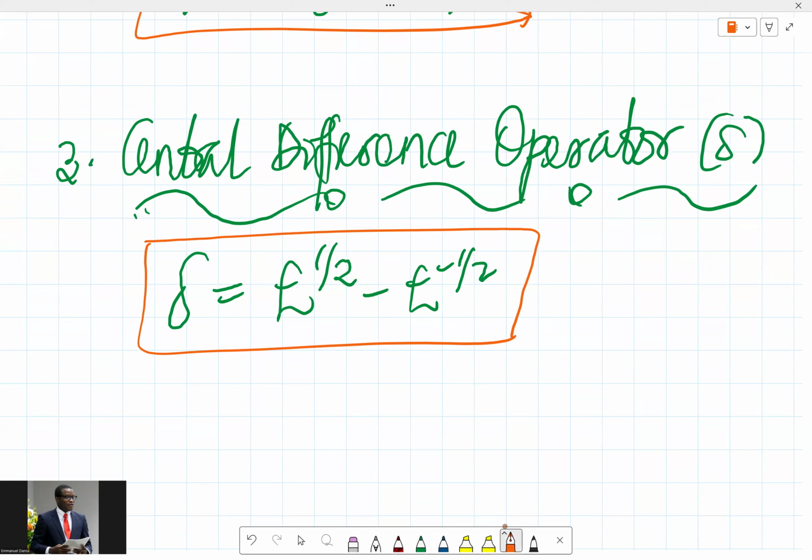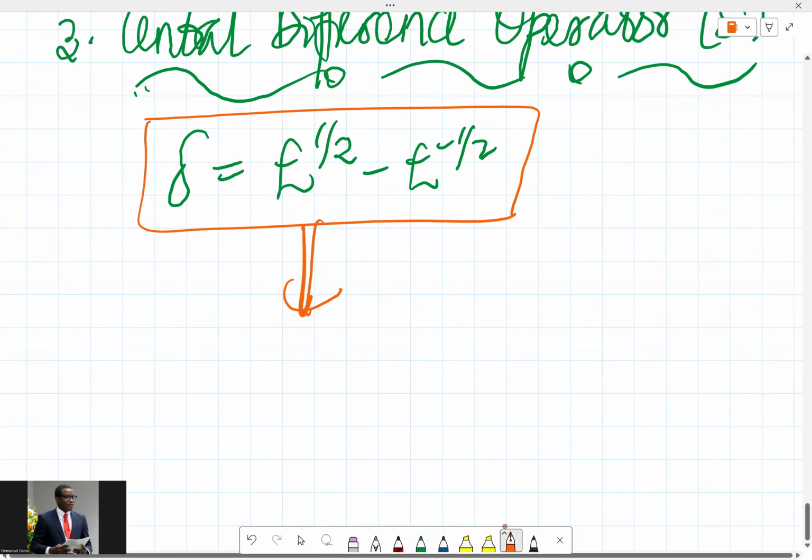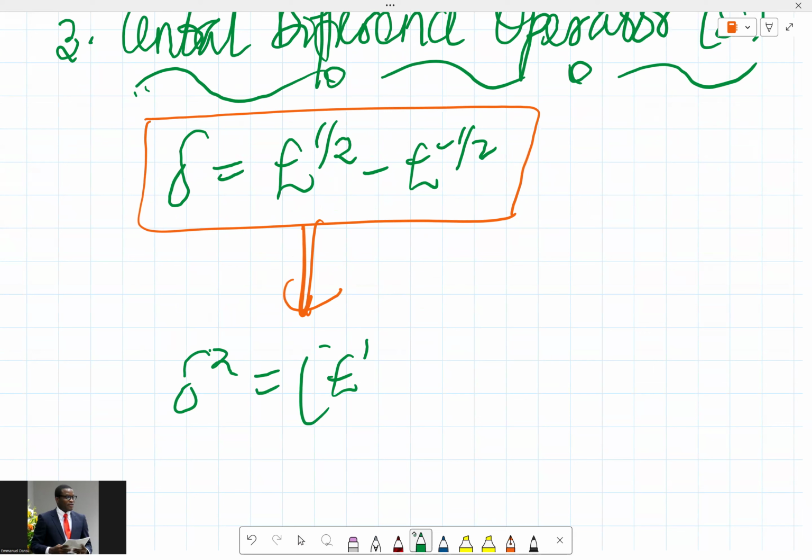And that leads us to the fact that if you take the square of this, delta squared will be (E raised to power half minus E raised to power minus half) raised to power 2.